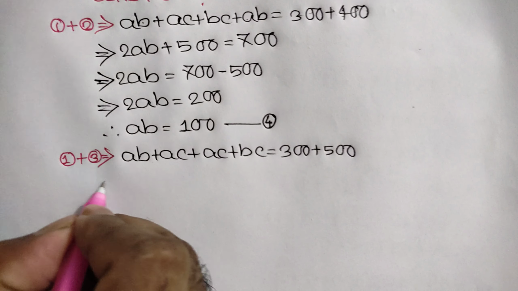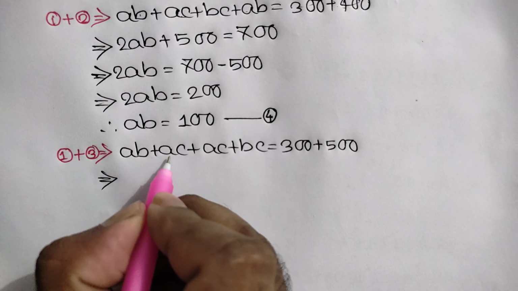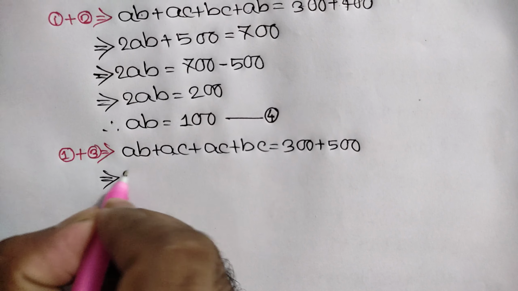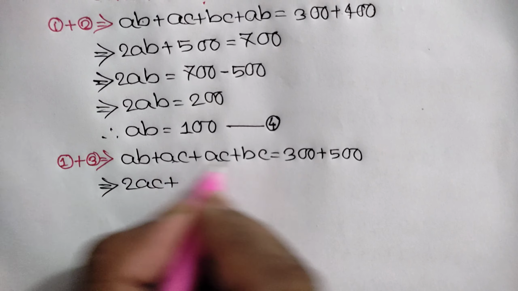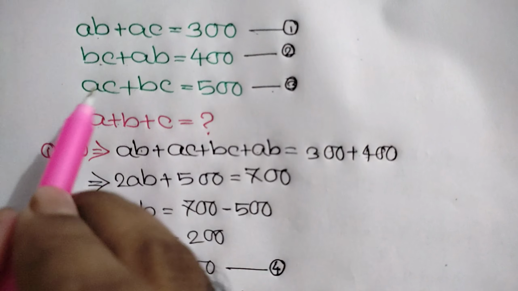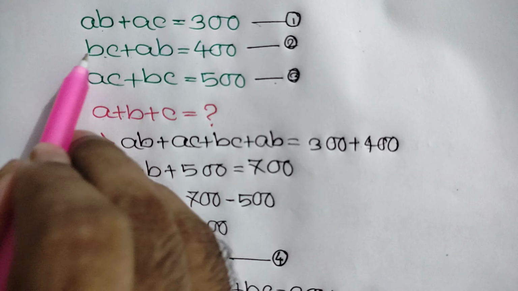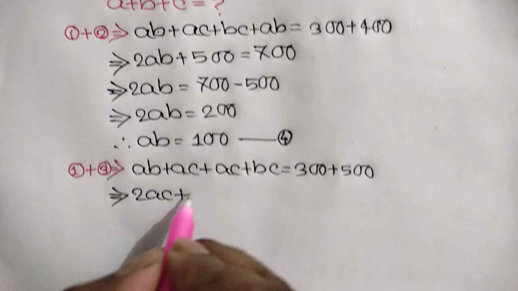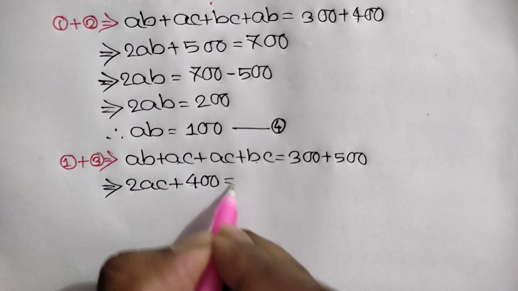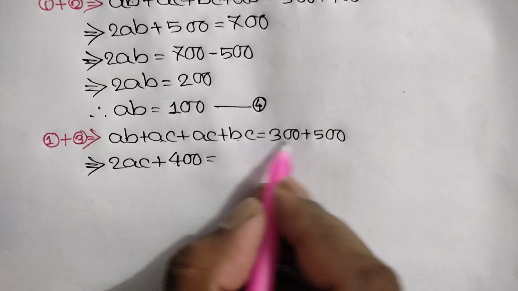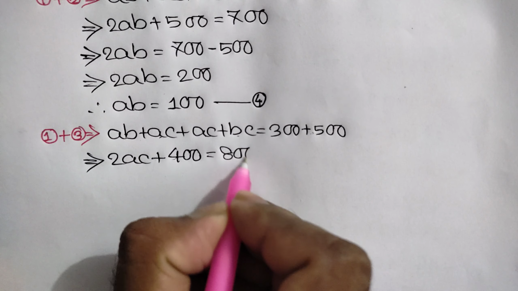Or here AC plus AC is twice AC, plus AB plus BC. AB plus BC is equal to 400. So we can write here 400 is equal to 3 plus 5 is 8. So here we will get 800.